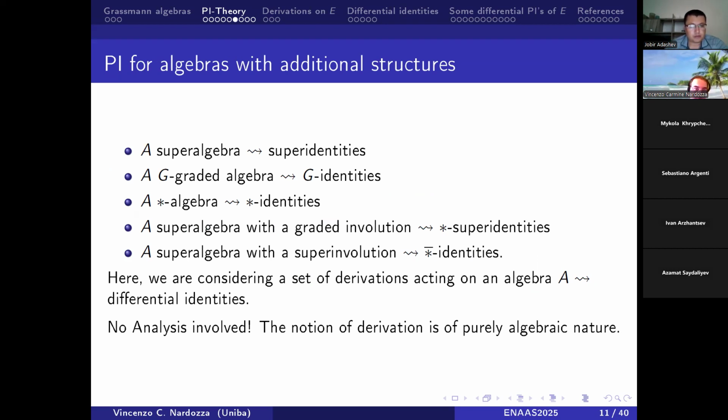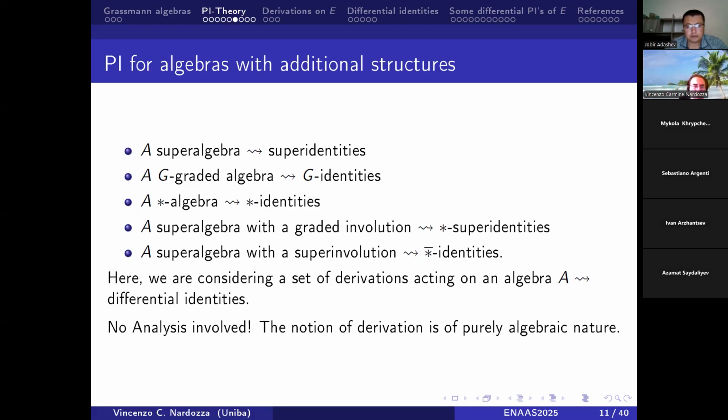If, for instance, A is a superalgebra, a Z2-graded algebra, then the notion of super identity arises. More generally, if we have an algebra graded by a group G, there is the notion of G-identities, graded identities.